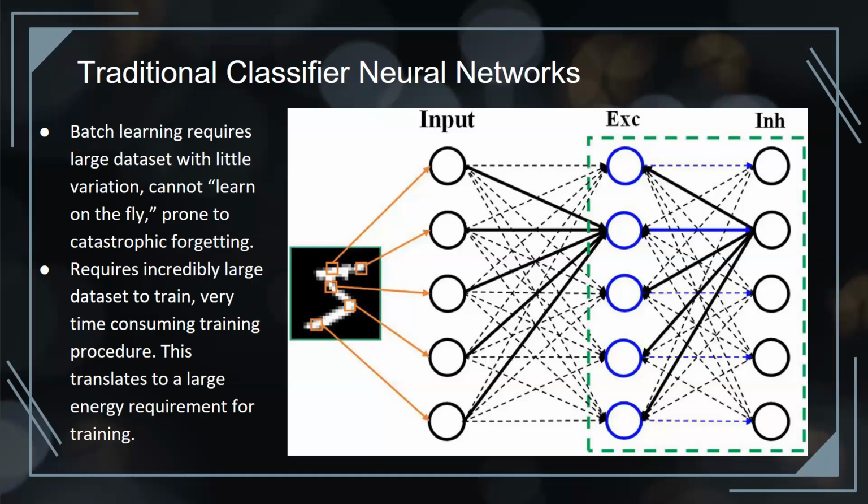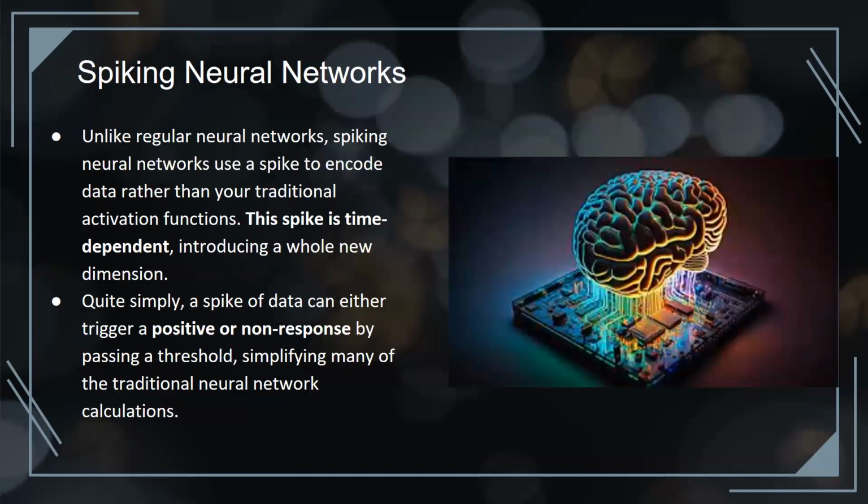In addition, the training of traditional neural networks is very time consuming, with a lot of weights, and this is very computationally expensive. These are some of the downsides of using traditional neural networks with large batch sizes.